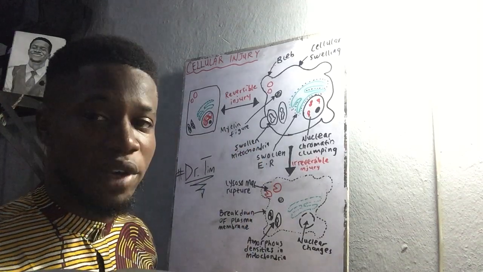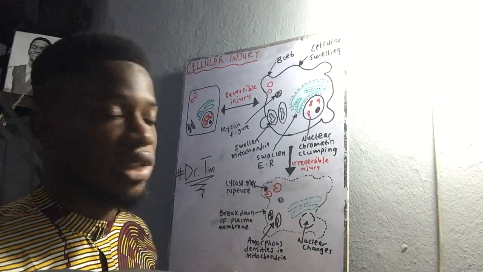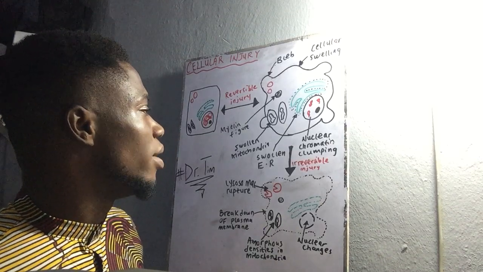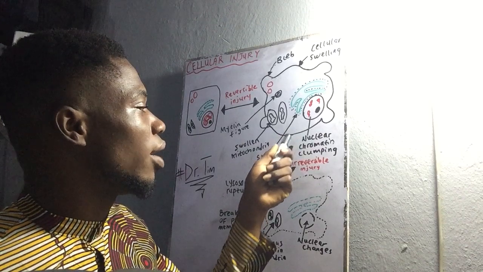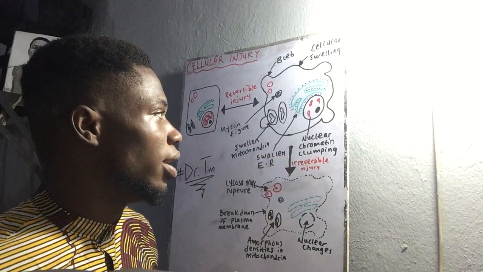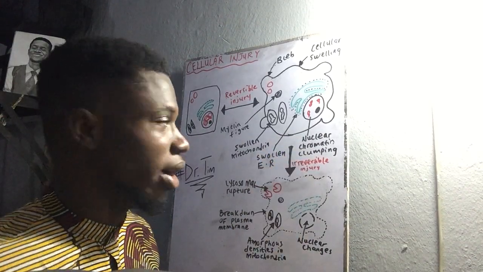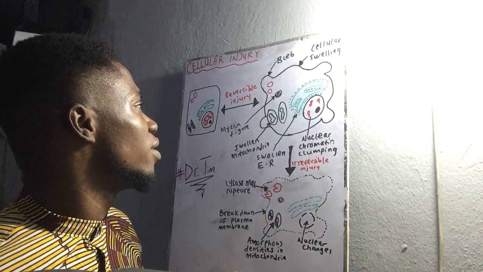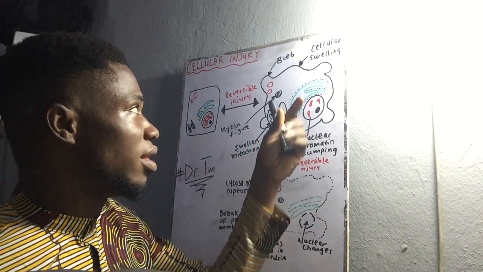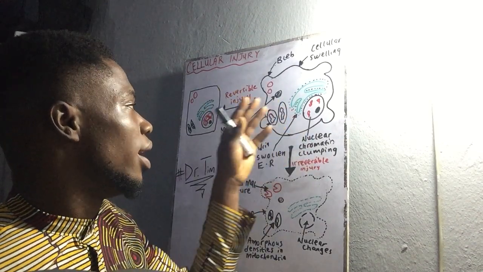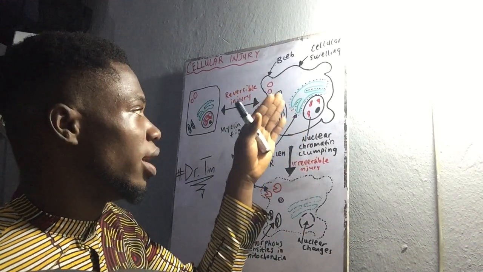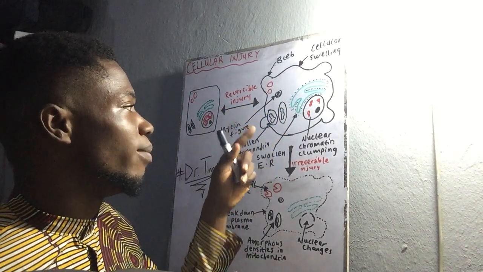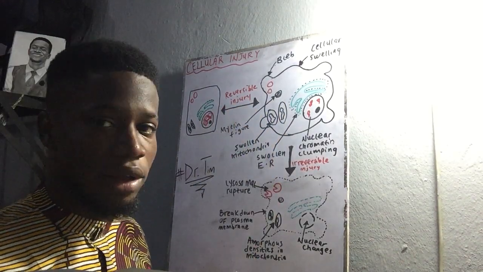It's formed from phospholipids from the membranes of cell organelles. The last thing that happens is that there will be nuclear chromatin clumping in the cell nucleus. So that's it for the reversible stage of cellular injury: cell swelling with blebs, organelle swelling like the endoplasmic reticulum and the mitochondria, appearance of myelin figure and nuclear chromatin clumping.